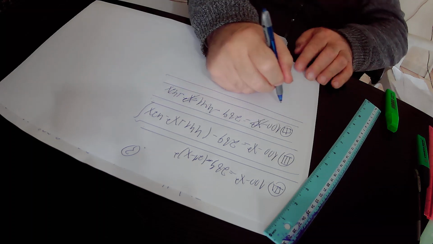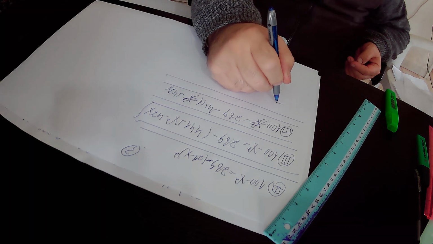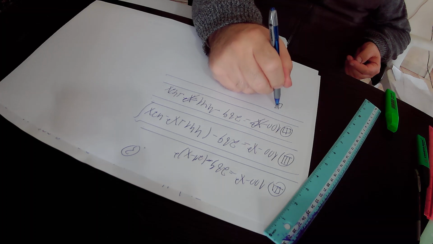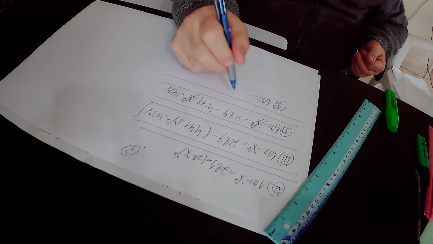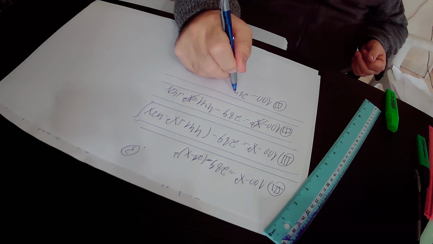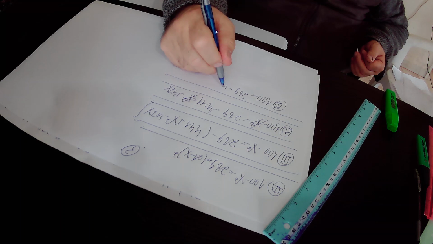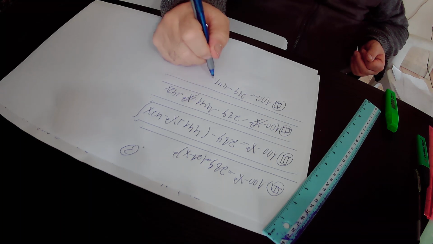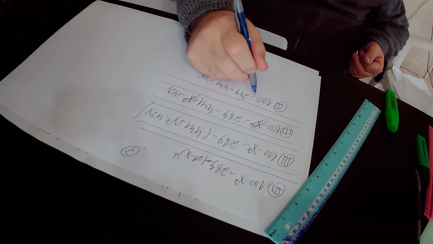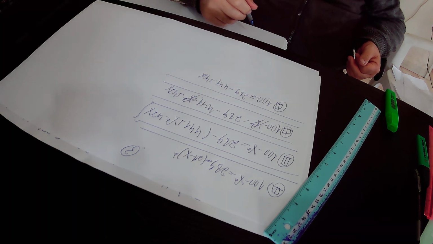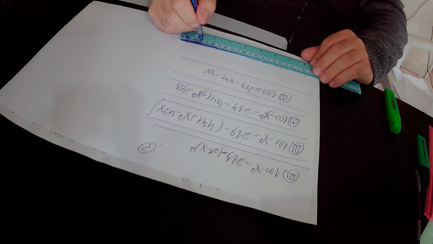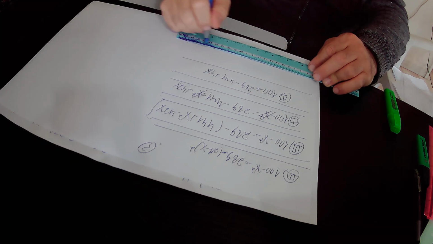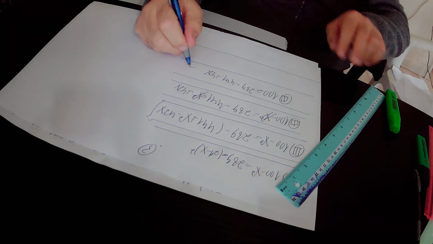After cancelling minus x squared, on this side of equation 3 we are left only with 100. On the other side of equation 3 we have 289 minus 441 plus 42x. So here we will add 441 to this equation 3.